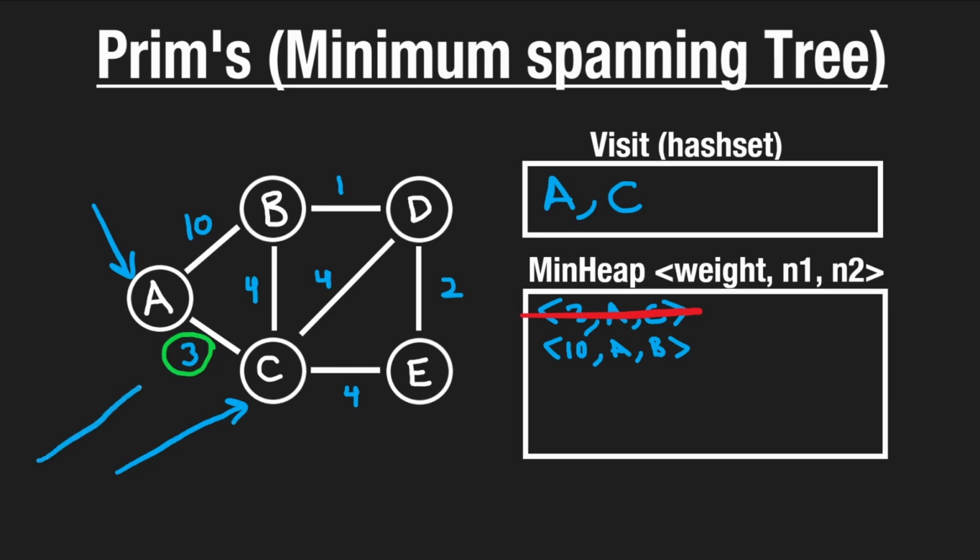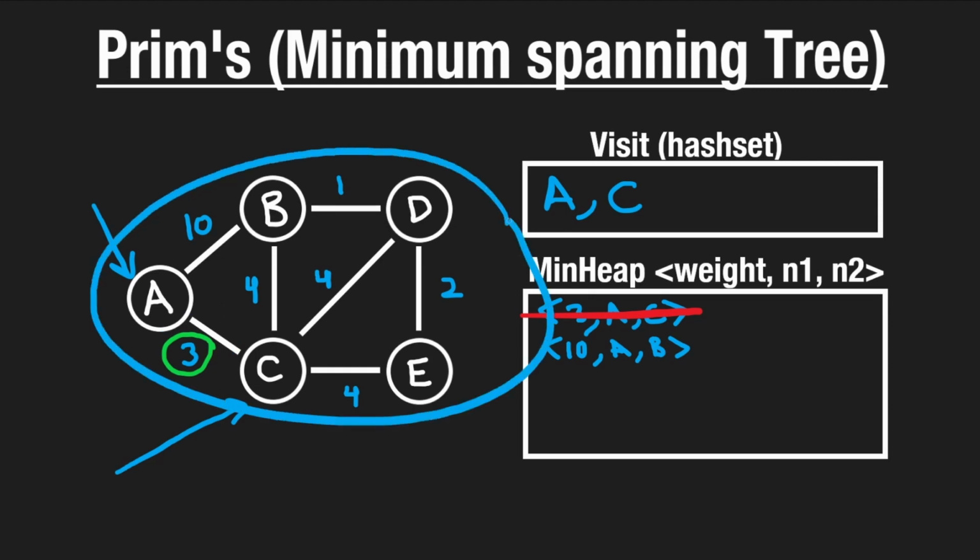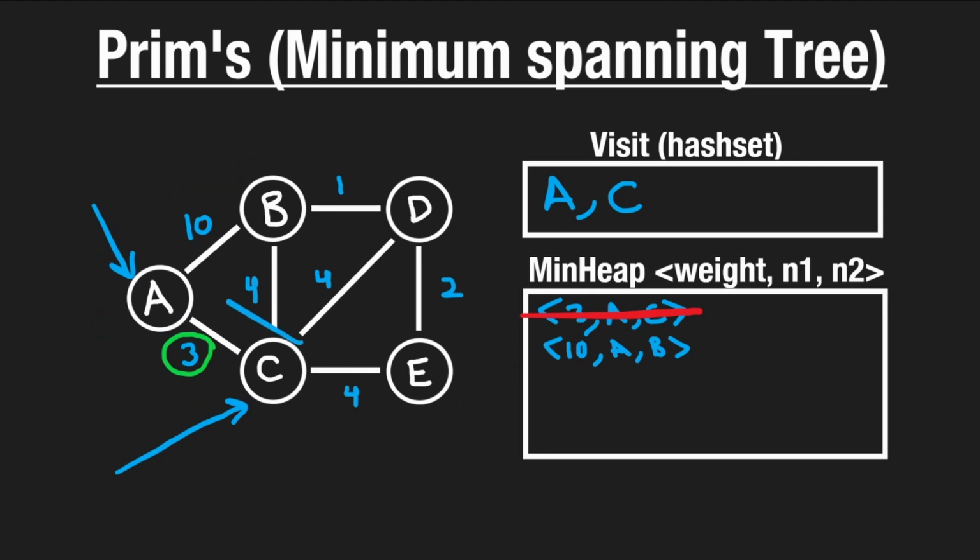But let me just go over a little bit on why this algorithm works. When we popped the edge with the minimum weight, we were essentially saying that we know in this graph, all nodes have to be connected together. A has to have a path to C. So there must be a path connecting these 2 nodes. And we know with 100% certainty that there's no such path that's going to cost less than 3, which connects these 2 together.